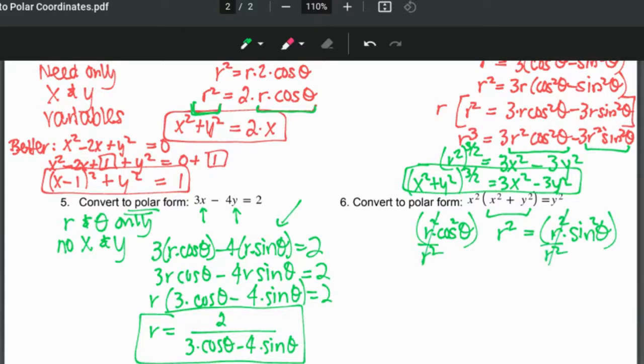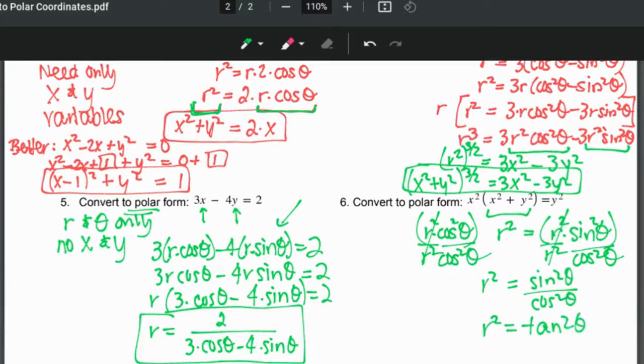Then I can also divide by cos² on both sides. So now I'm left with r² = sin²θ/cos²θ, and that's familiar because r² is equal to tan²θ. Could even square root both sides and simplify further, so we've got r = ± tanθ.